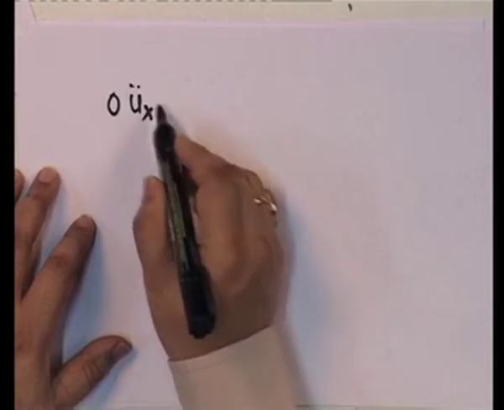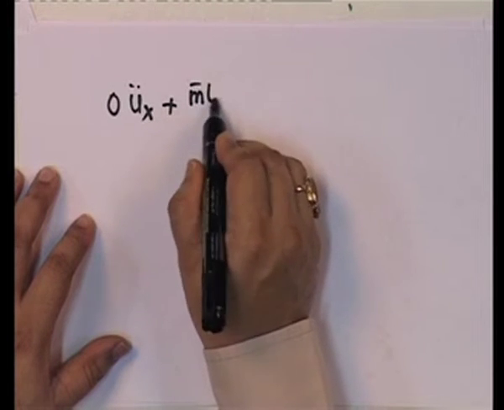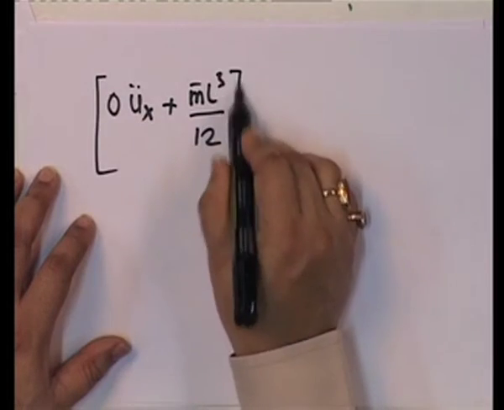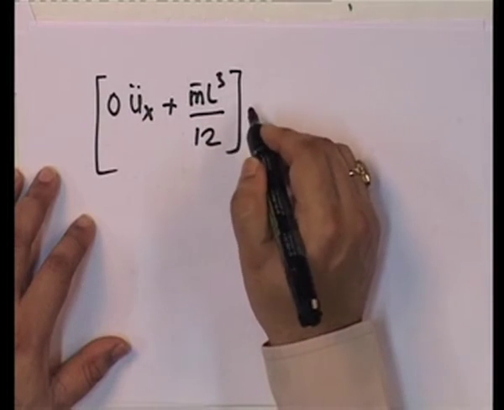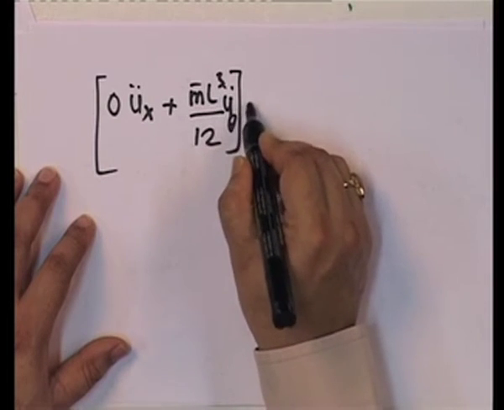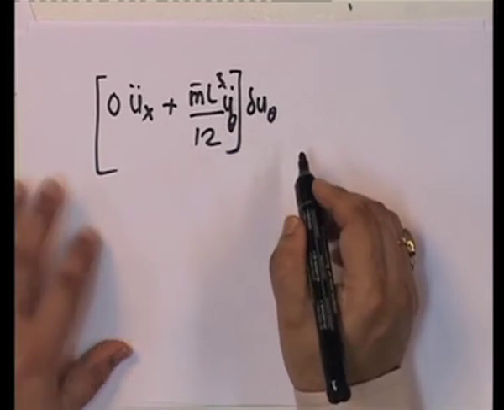0 u double dot ux plus m bar L cubed by 12 into u double dot theta into del u theta.